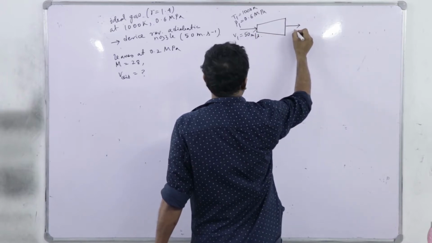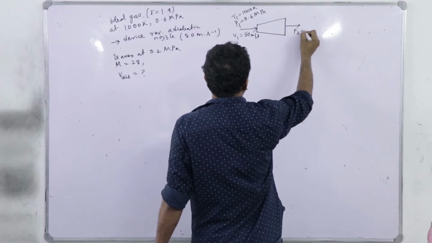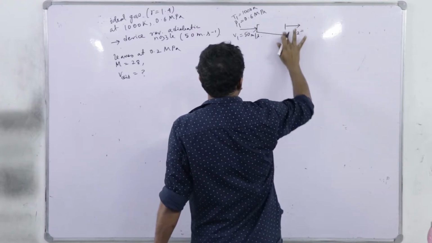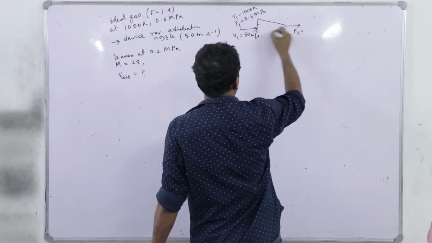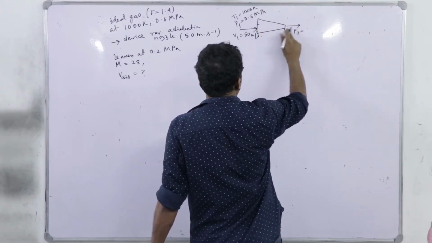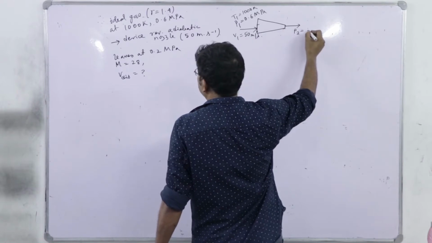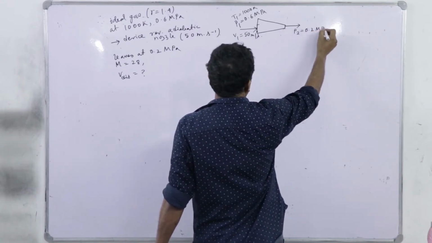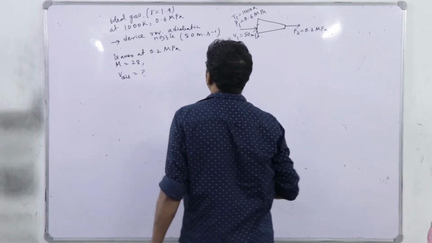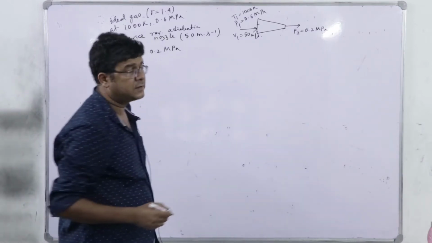So, it leaves at P2, which is actually, nozzle means here, it is a diffuser I have drawn. So, nozzle means this, right. So, P2 is 0.2 megapascal. So, you have to calculate the discharge velocity.